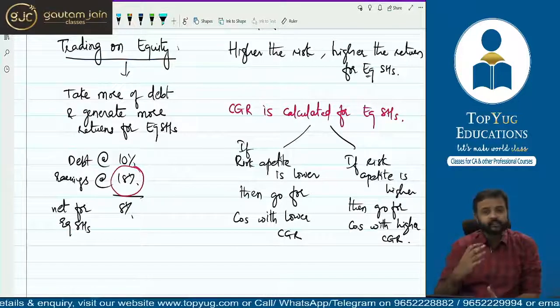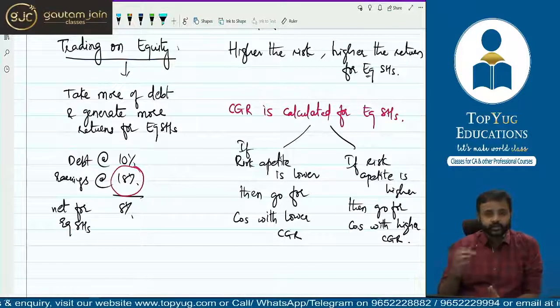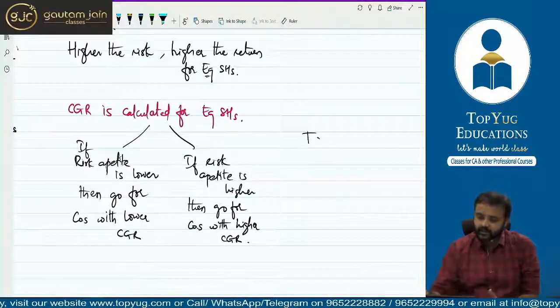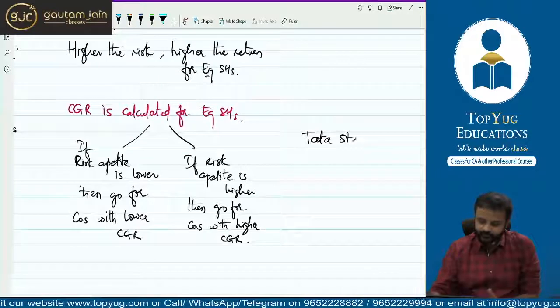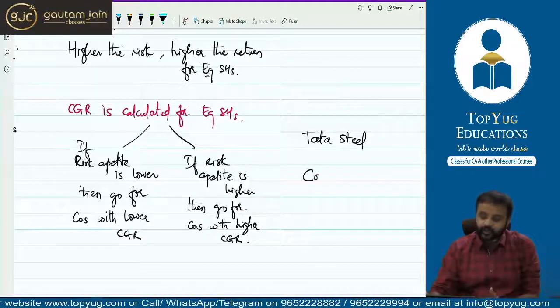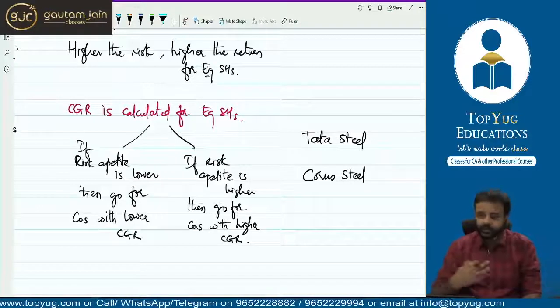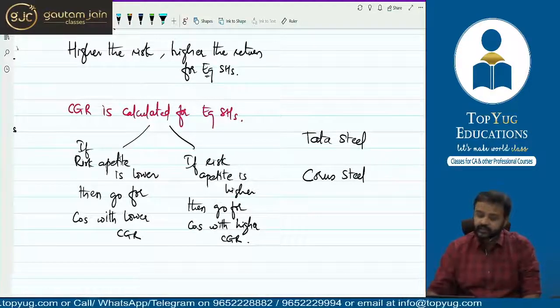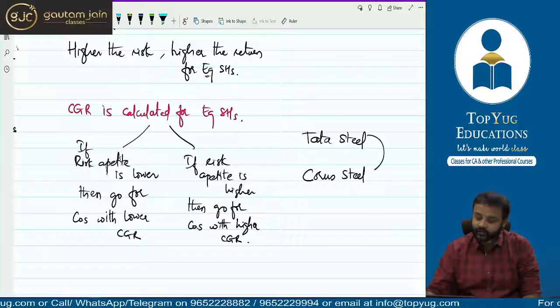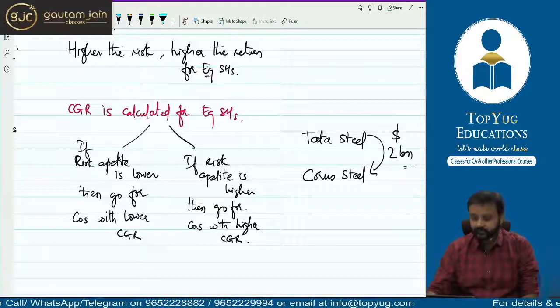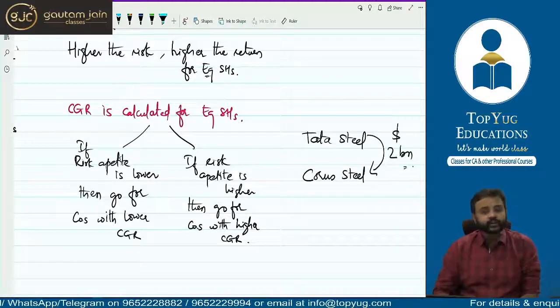When Tata Steel wanted to acquire Corus, the deal was around US$2 billion. If you want, you can Google and find out more details about it.